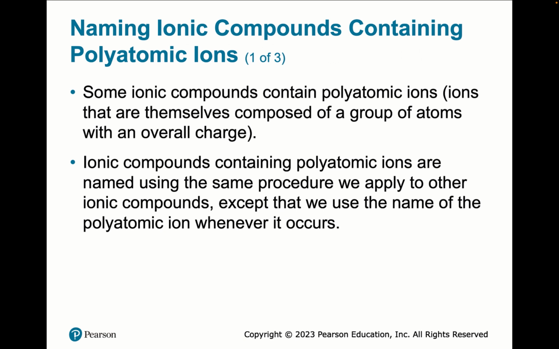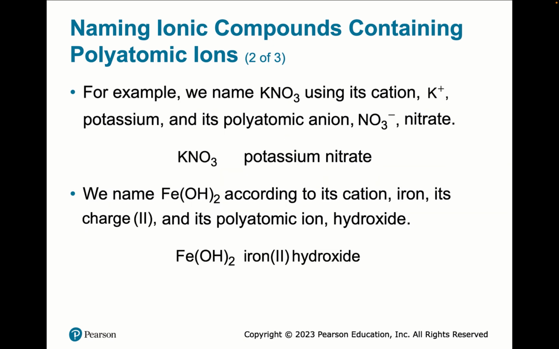And some compounds also contain polyatomic ions, so they use the same procedure, but we use the name of the polyatomic ion whenever it occurs. So for instance here, KNO3 is known as potassium nitrate. So you use the cation name potassium, it's just the metal name, and then nitrate is the name of the polyatomic ion.